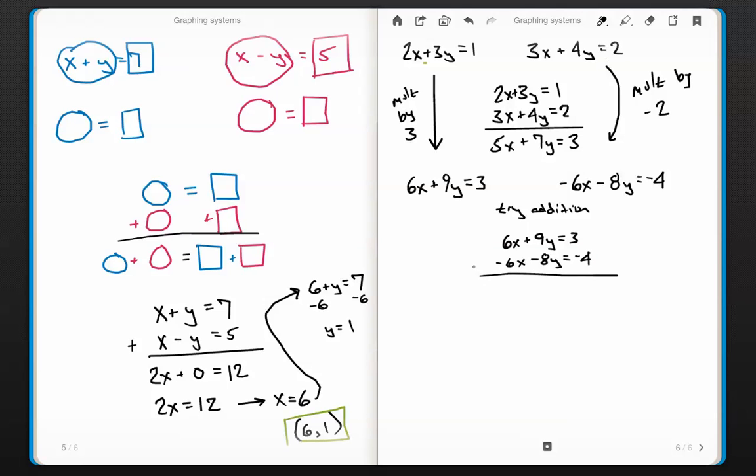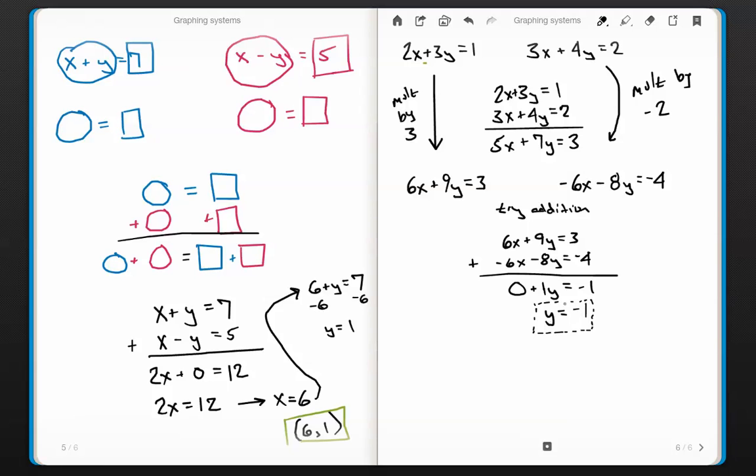If I add these two together, look at this, 6x plus negative 6x goes away. 9y plus a negative 8y gives me positive 1y. And 3 plus a negative 4 gives me a negative 1. So I now know that y equals negative 1. I'm going to put a dotted box around that because that's going to be pretty useful for me in a little bit.